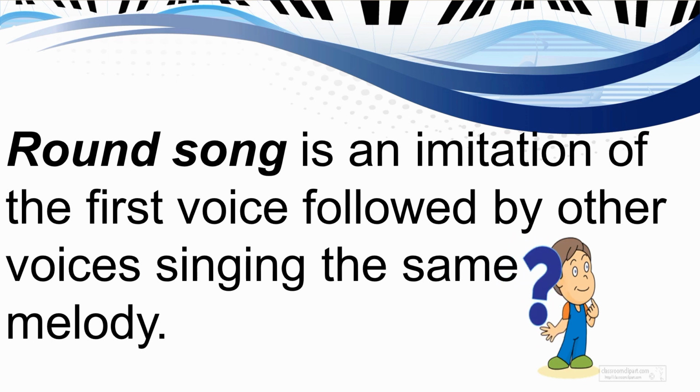The most common songs are Are You Sleeping, Brother John, and Row, Row, Row Your Boat. These two songs are usually common for the children to perform as a round song.